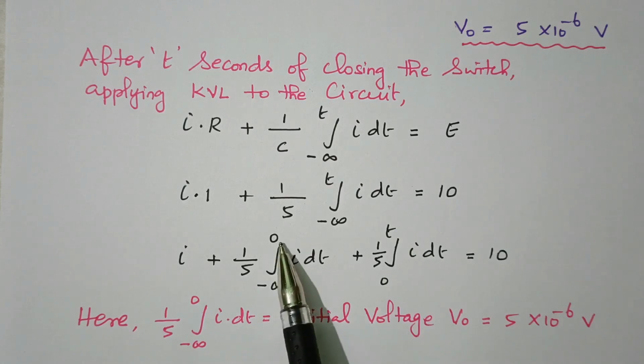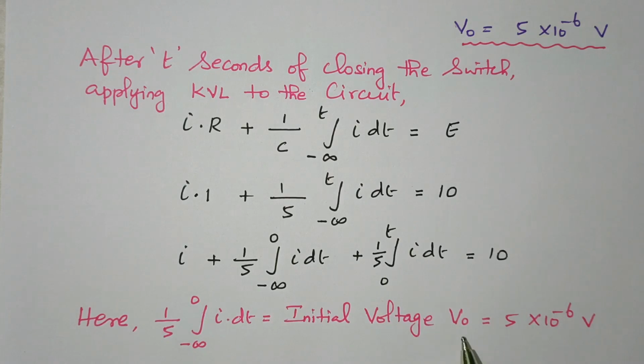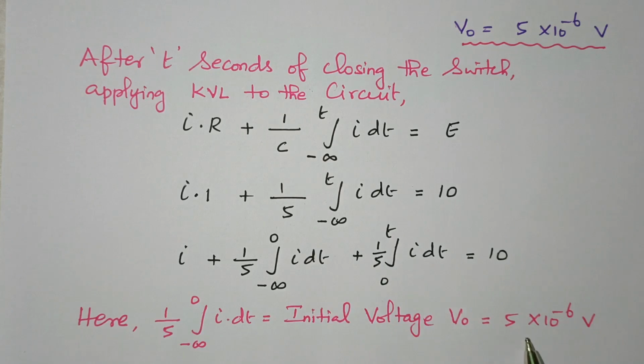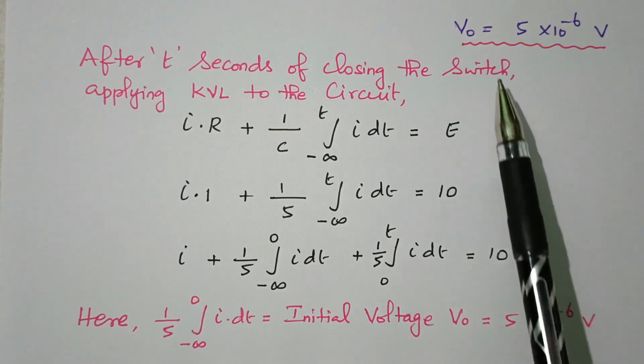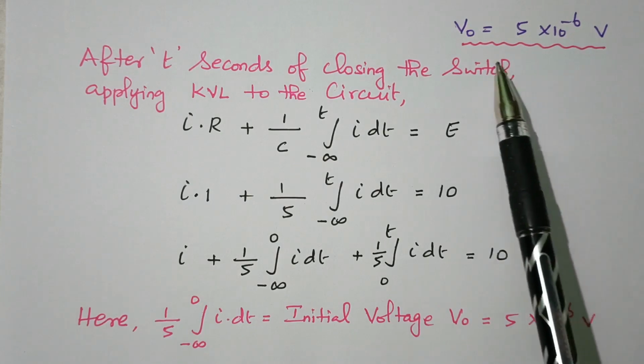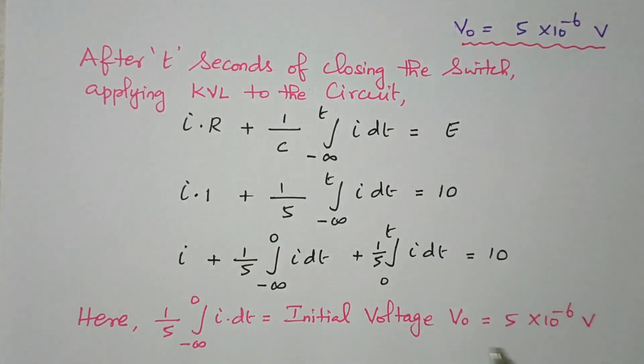This minus infinity to 0 is nothing but the initial voltage V0. This is the normal transient current, 0 to t. At t the switch is closed. This is the initial voltage that we already calculated, 5 into 10 to the power minus 6 volt. From the initial charge and capacitor value we calculated V0. Now we can replace this term with 5 into 10 to the power minus 6 volt.